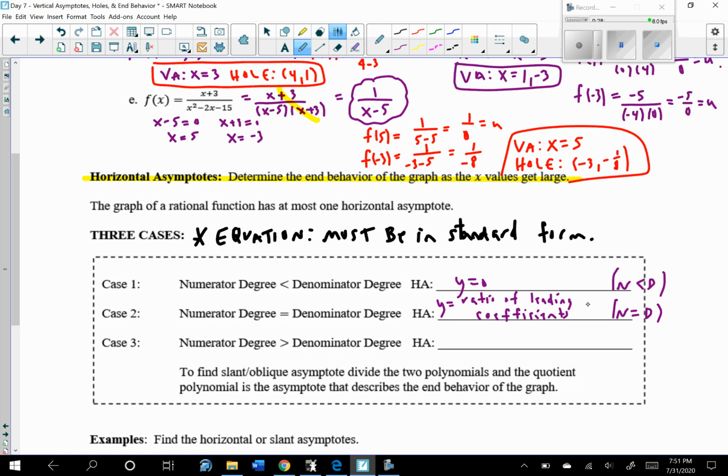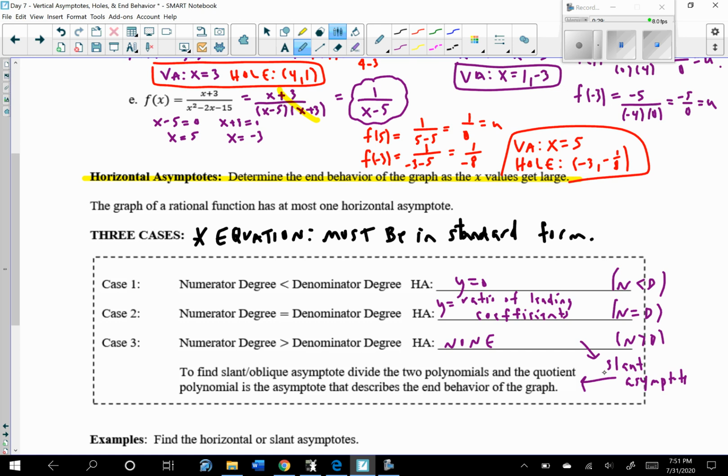And when the numerator degree is greater than the denominator degree, there is no horizontal asymptote. And instead, we have a slant asymptote. Or other asymptote, but we're not going to talk about other asymptotes besides slant.